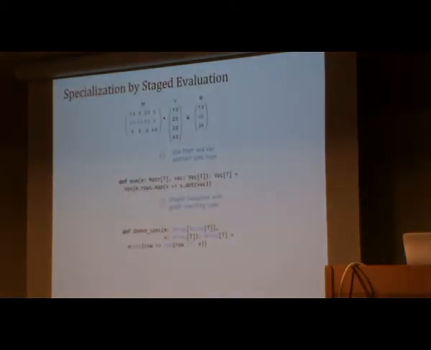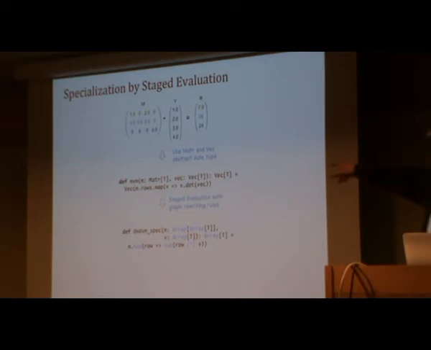So again, if we have the task to use matrix and vector abstract data types, then we develop some abstract implementation. Then we apply staged evaluation of this method, which is the point where staging comes into the scene.